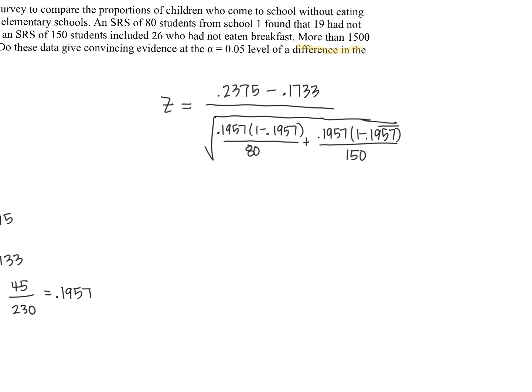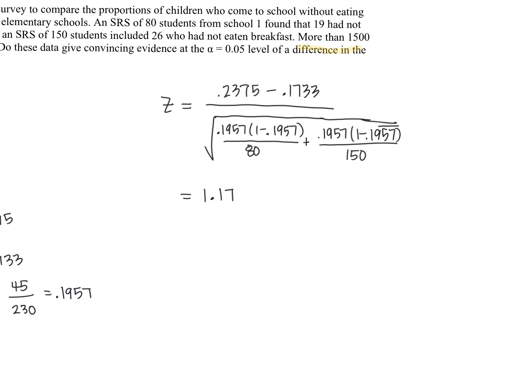So it is something new that you're going to have to get used to. Also, not something I'm going to make you memorize. So remember, I do give you the formulas on the quiz, so you do not have to memorize the formula for the pooled proportion or the test statistic.